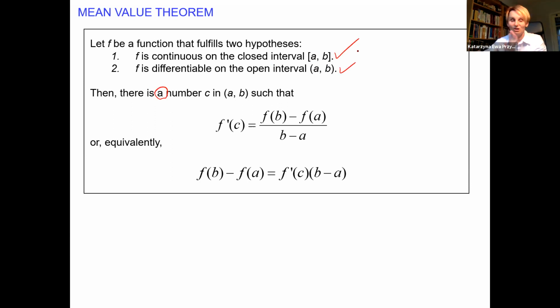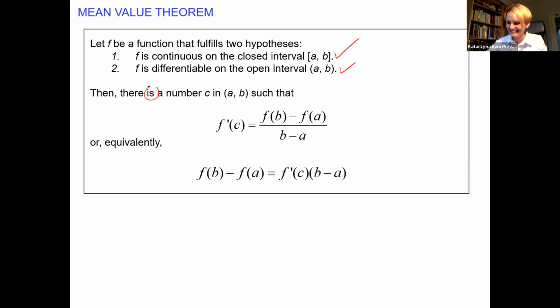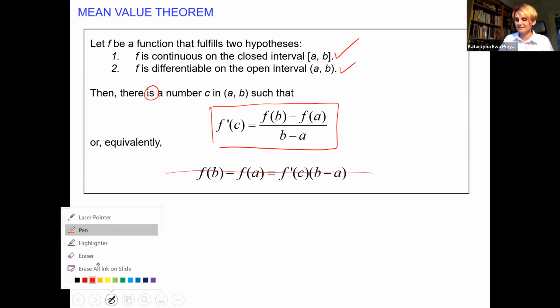If we have this condition, there is a number C in that interval, and now this is the condition. I rewrote it equivalently, I just multiplied, it is the same.